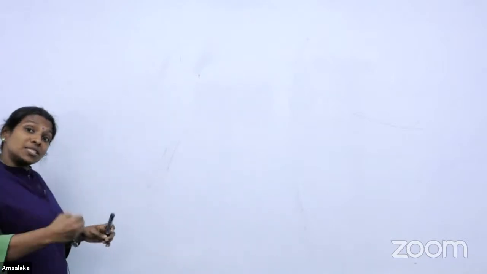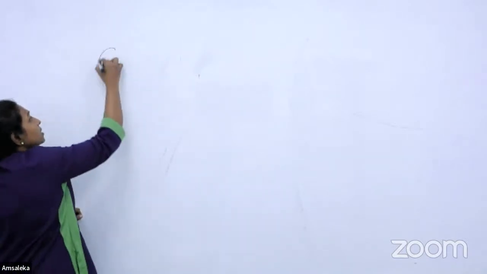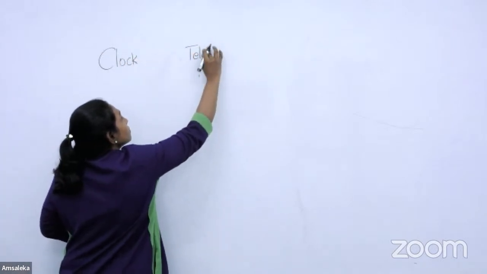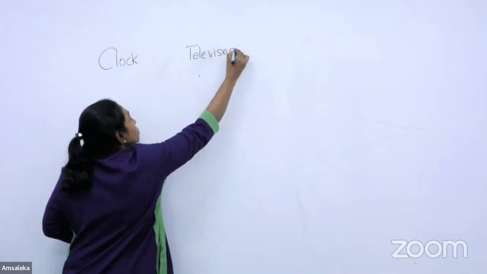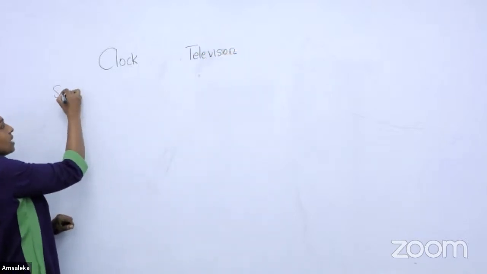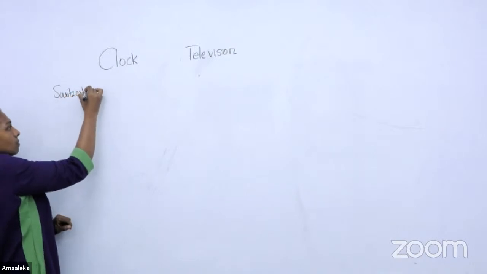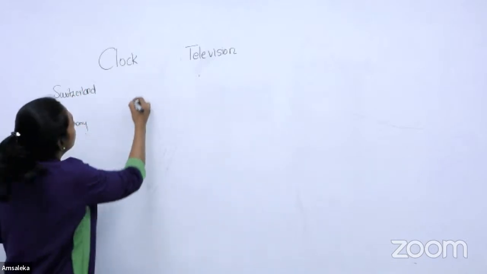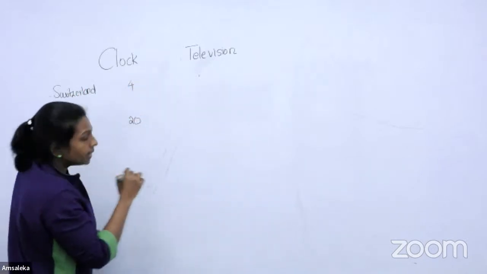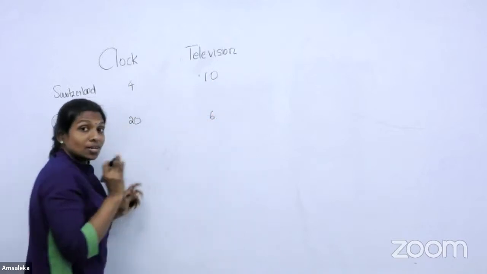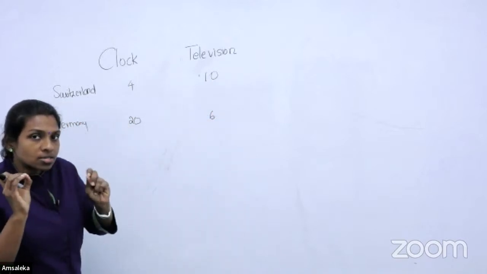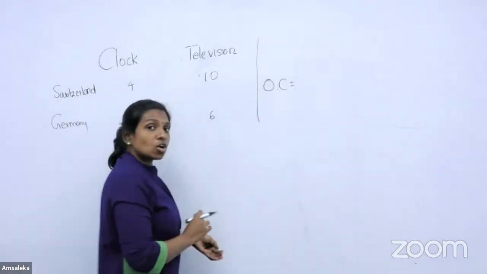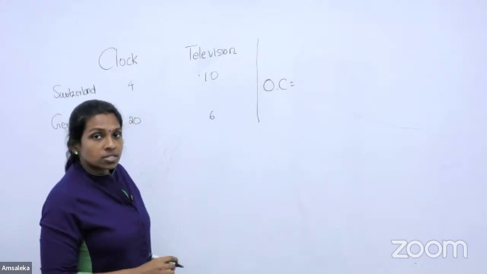Same table. Suppose comparative advantage is asked. Clock, television, Switzerland and Germany. Correct? 4, 20, 10, 6. Listen, it's about opportunity cost, the very first chapter. What is an opportunity cost?